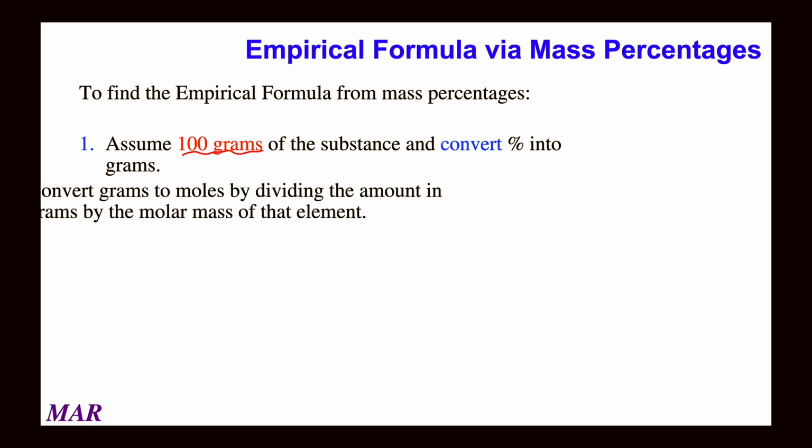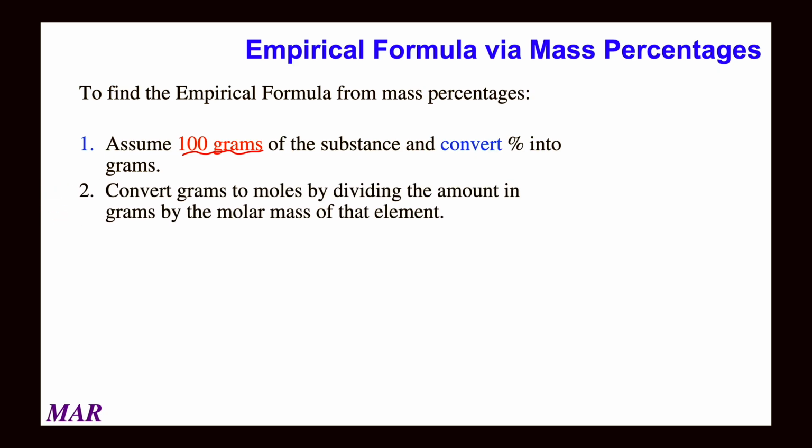And once you do that, you want to take those grams and turn them into moles. So if you have 37% hydrogen, that would be 37 grams of hydrogen, and you can turn that into moles using the molar mass on the periodic table. So percentages to grams, grams to moles.